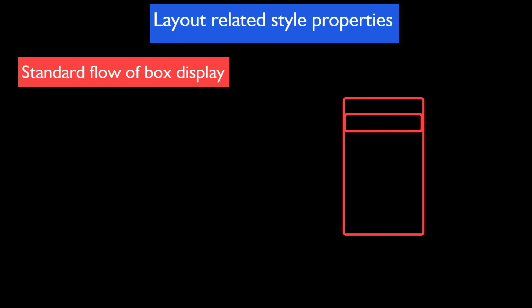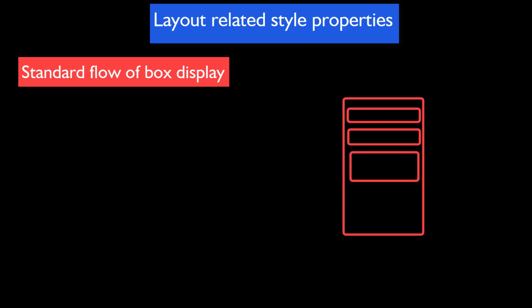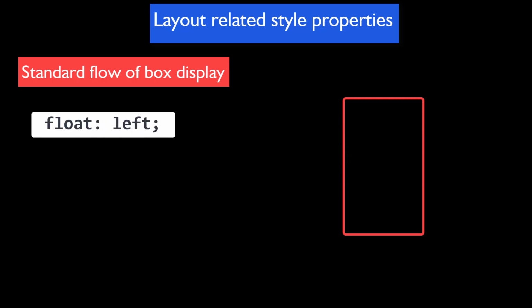Consecutive boxes are stacked vertically, going down the canvas, placed so that each box's left edge is adjacent to the left edge of its containing block, adjusted by any padding, border, or margin. A float of left generates a block box such that the left edge of the box is adjacent to the left edge of its containing box, adjusted by any padding, border, or margin.